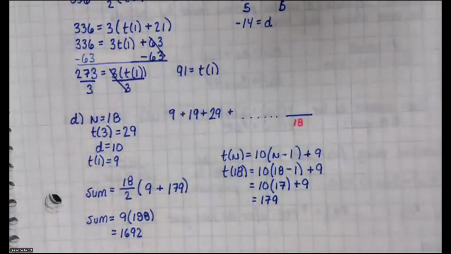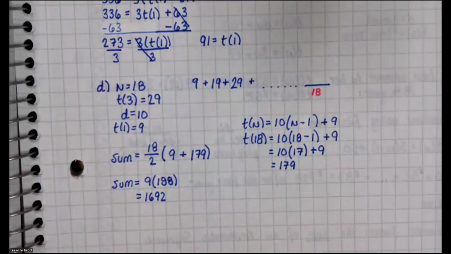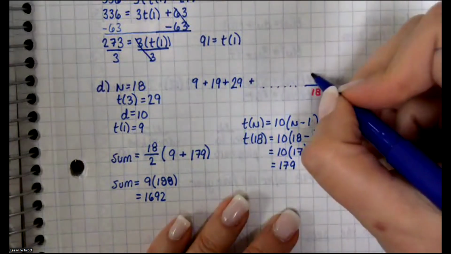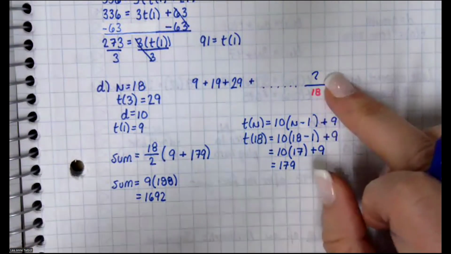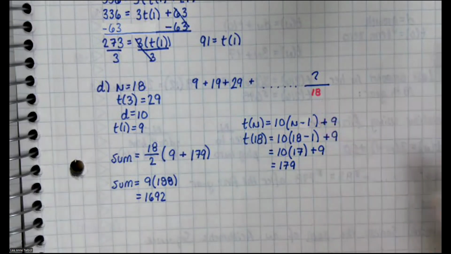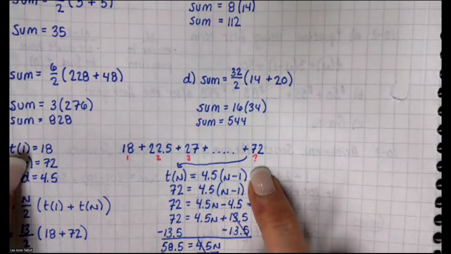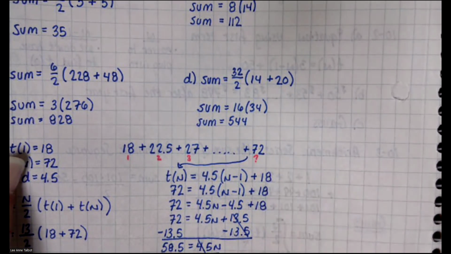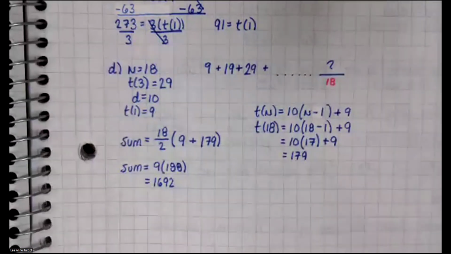Hold on. This is the question mark. What I want to find is the term in that spot. So this is saying what number is in the 18th spot? This is saying what spot is number 72 in? Good. Let me go back to here so people can write it down.